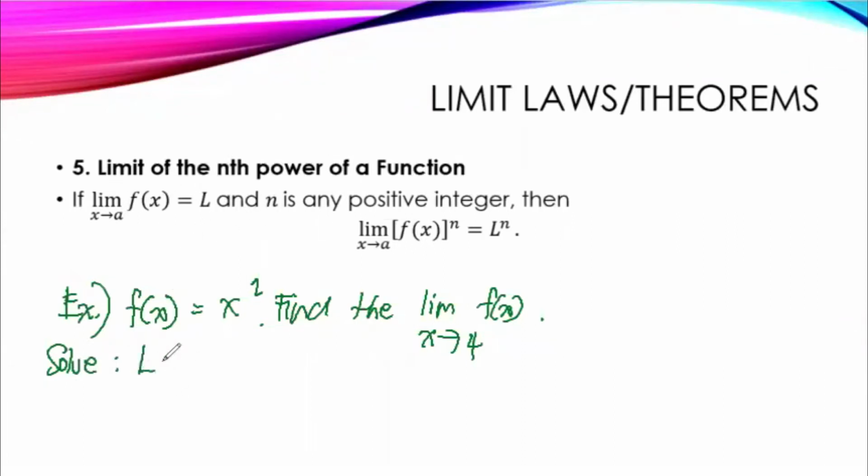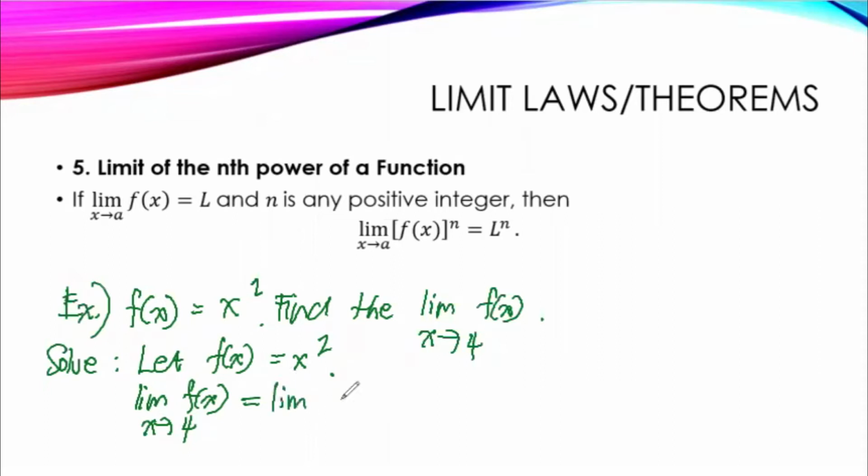Let f of x be equal to x squared. Then the limit of f of x as x approaches 4 is simply equal to what? What is our f of x? It's x squared. So the limit of x squared as x approaches 4.